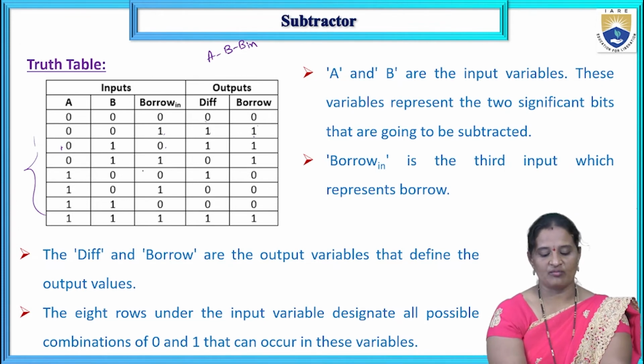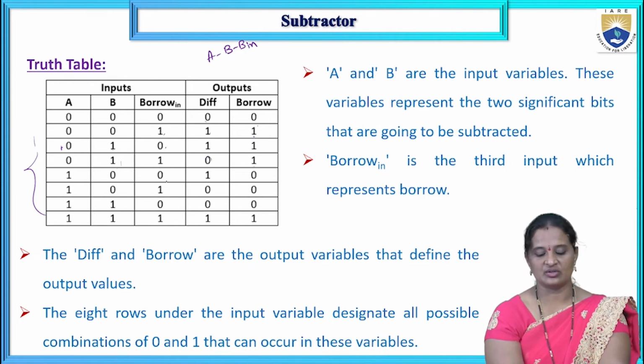And 0, 1, 1. So this is 0 minus 1, borrow we have to take. So 10 minus 1 is 1, 1 minus 1 is 0.